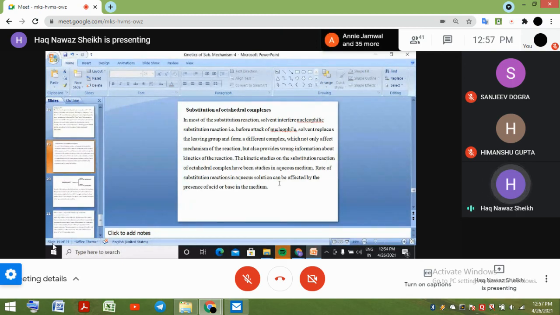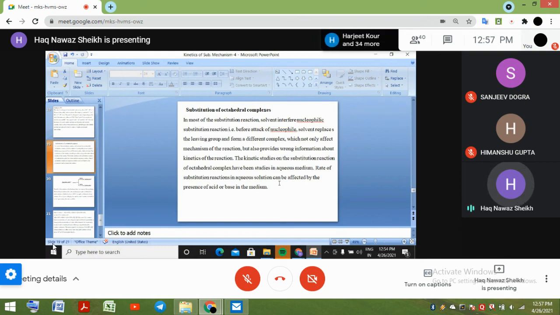These are reactions in which a negatively charged ligand is displaced by a water molecule if it is a neutral medium. If it is an acidic medium, again by water, and if it is a basic medium, by OH negative. These reactions are generally classified as aquation reactions, and they can also be called acid hydrolysis or base hydrolysis, depending upon the pH of the medium.